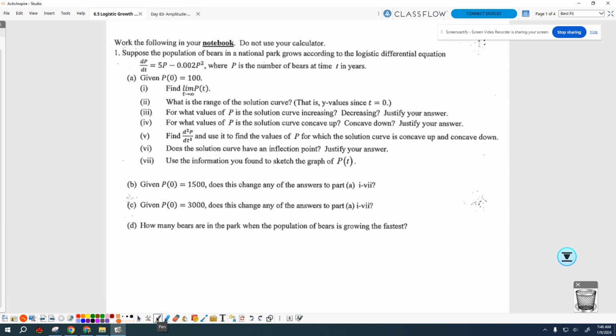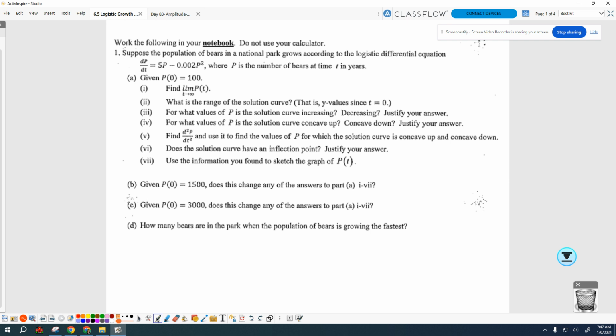Okay, so guys, today largely I just wanted you guys to practice the logistic growth thing, but I wanted to get through 1A and B. There's like 7 parts to A. So logistic growth, this one says, okay, we have more bears, and they grow by this logistic growth.